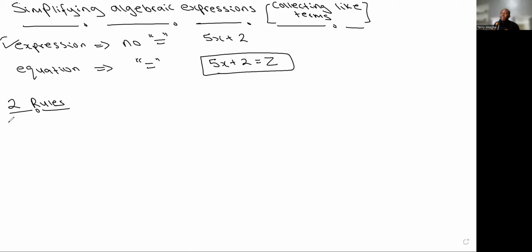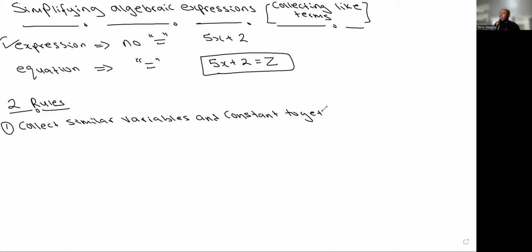The first rule is that you have to collect similar variables and constants together, noting the signs appropriately.